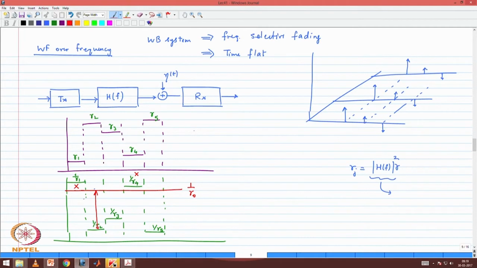So, this will be P2 divided by P, that is the power allocation here, and this one is going to be P3 divided by P, and P5 divided by P, that is the power allocation. Some channels are not transmitted, and this is how we achieve capacity for a wideband signal.